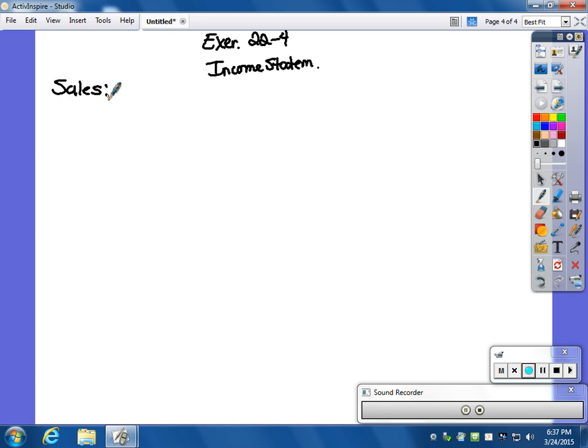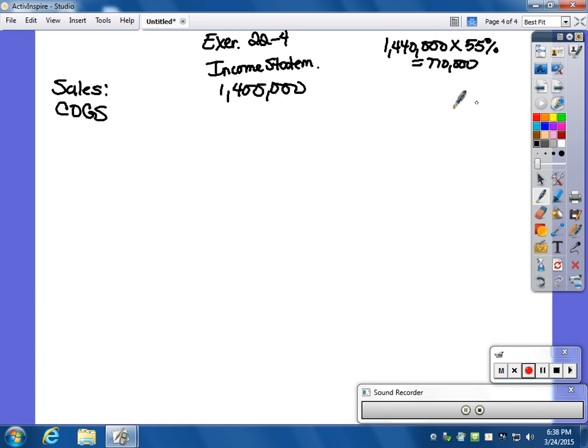From the previous problem. 1,400,000. And obviously, where there are sales, we must calculate cost of goods sold, which was how much? 55% of sales. How much was the 55%? He says 770,000. Yes.